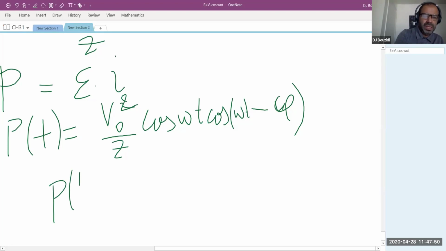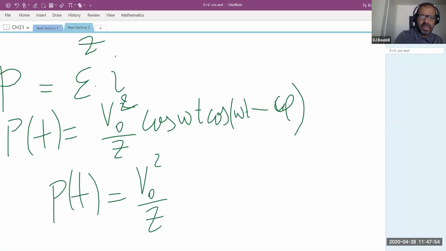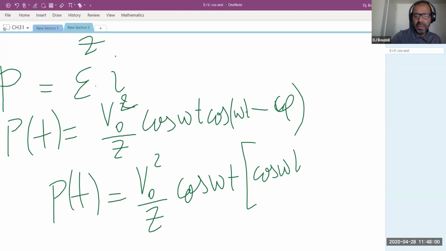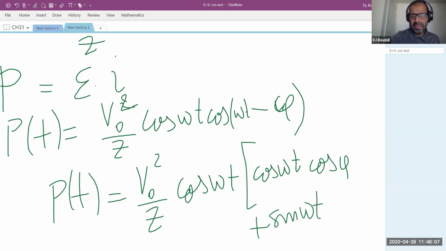P of t is equal to V naught squared over Z times the cosine of omega t times open parentheses cos of omega t cos of phi plus sine of omega t sine of phi.